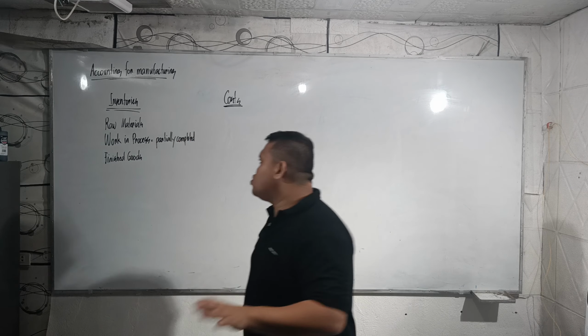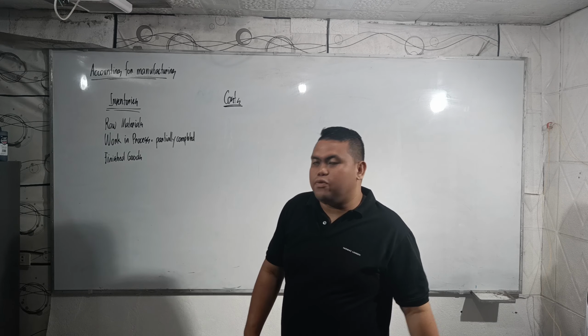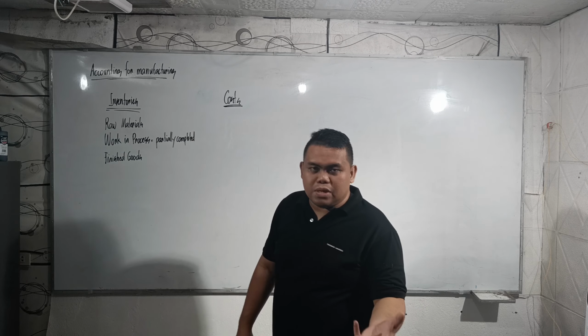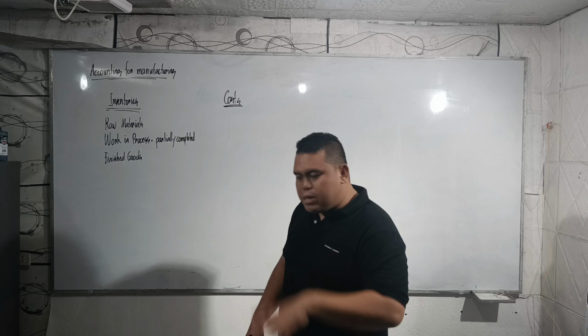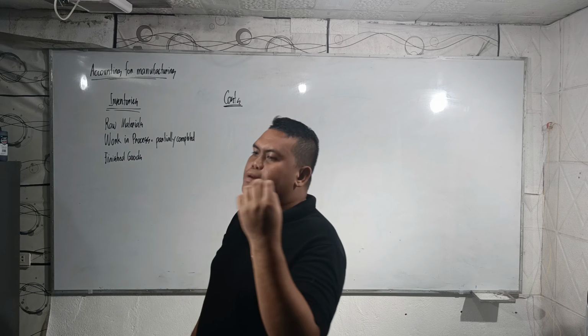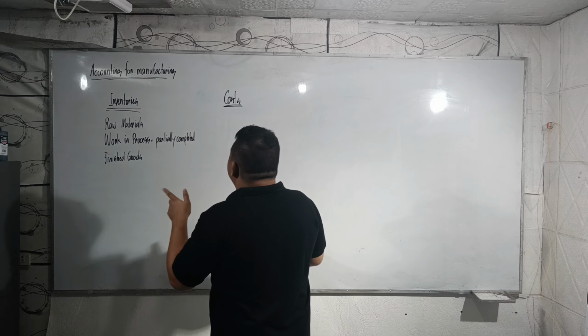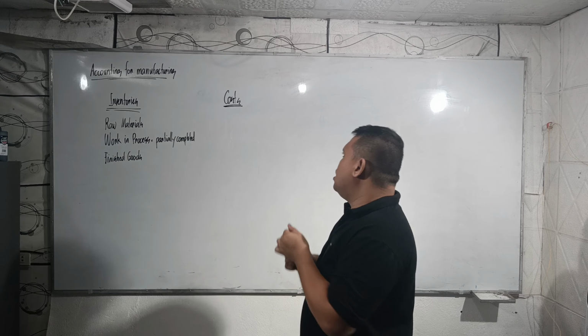It becomes a cost of sales. Okay? So those are the three inventories in the manufacturing companies, manufacturing entities. As compared to merchandising, there is only one type of inventory. Okay? Now, let's talk about the costs, the main costs.